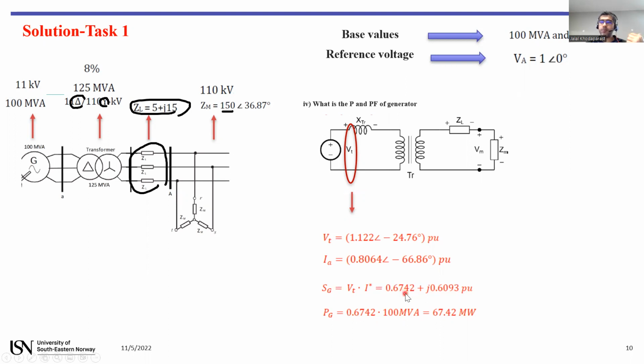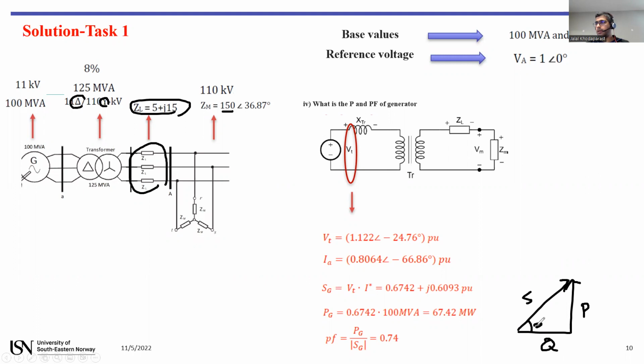However, this one is in per unit. In order to convert to megawatts, you have to multiply the per unit active power by the base power. And for the power factor, according to this figure, we know that this one is active power, reactive power, and S complex.